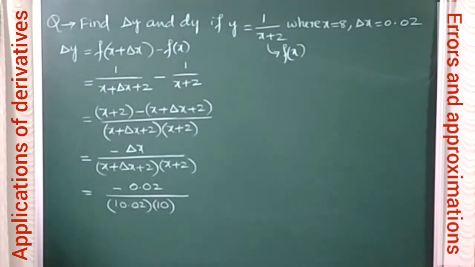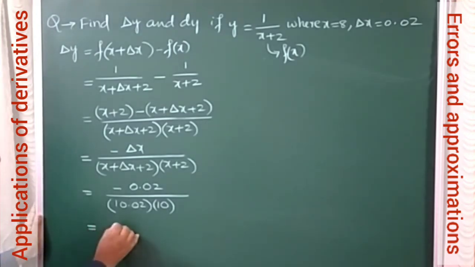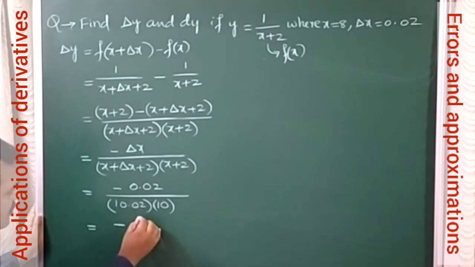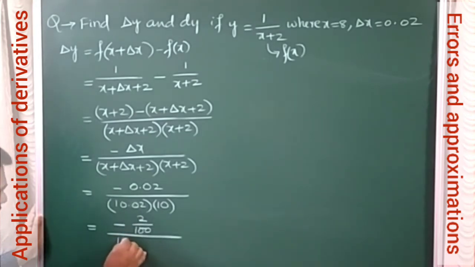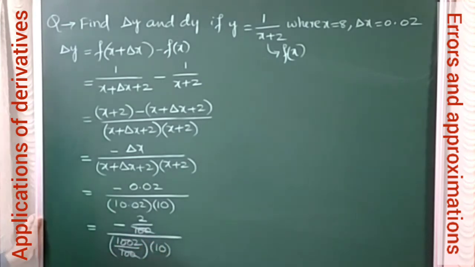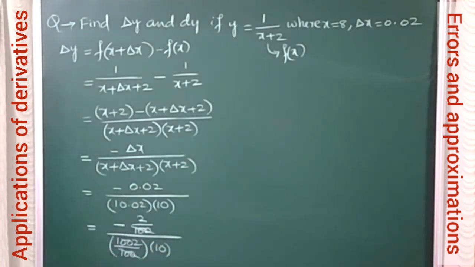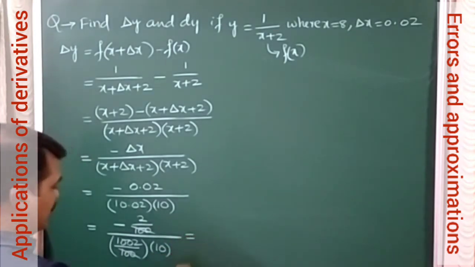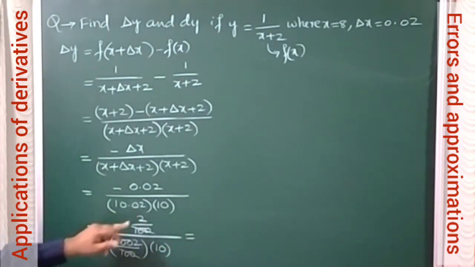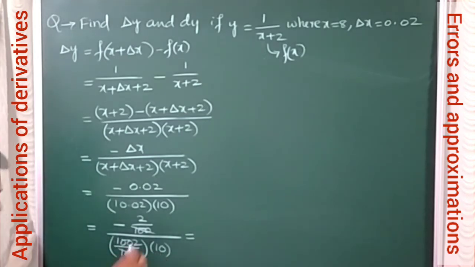Okay, so you can also write this as minus 0.02, which means minus 2 by 100, over 10.02, which you can write as 1002 by 100, and into 10. This 100 I can cancel. So therefore this is going to be minus 2 by (1002 into 10).